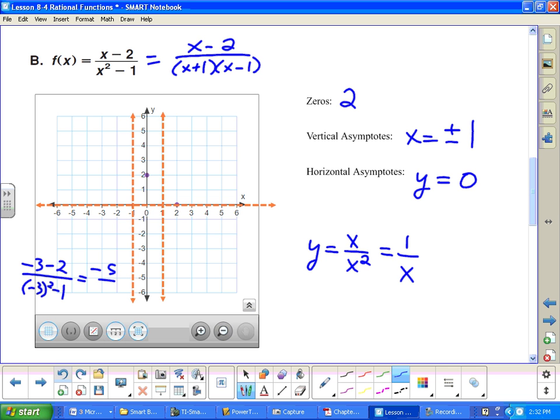Okay, positive 9, and 9 minus 1 is 8. Okay, so at -3 we have -5/8, which is about here. So this tells me that the graph on the left side of -1 is going to be in the negative values, which means the graph is going to look like this over here. It's going to look like our parent function, 1 over x.